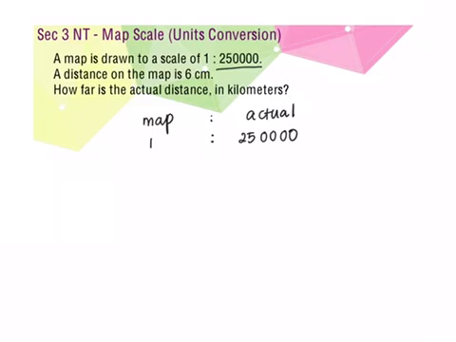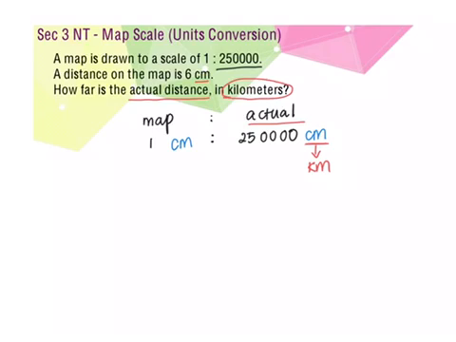Normally we are not given the units to start off with. We will write cm for our map, and therefore the actual will still be in cm. Now the question asks us, if the distance on the map is 6 cm, find the actual distance in kilometers. So what do they want? They want the units for the actual to be in kilometers.